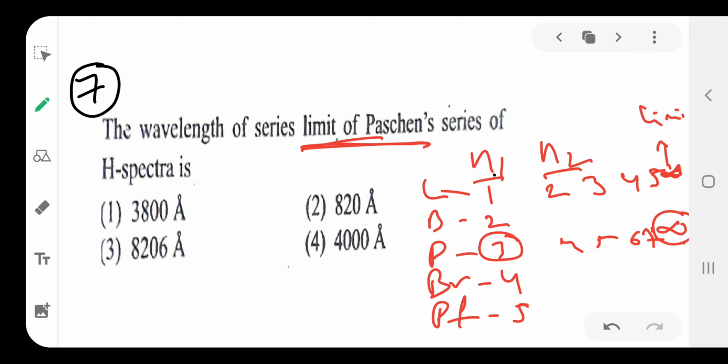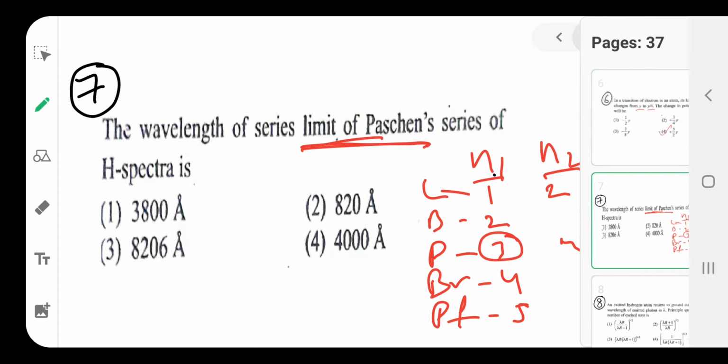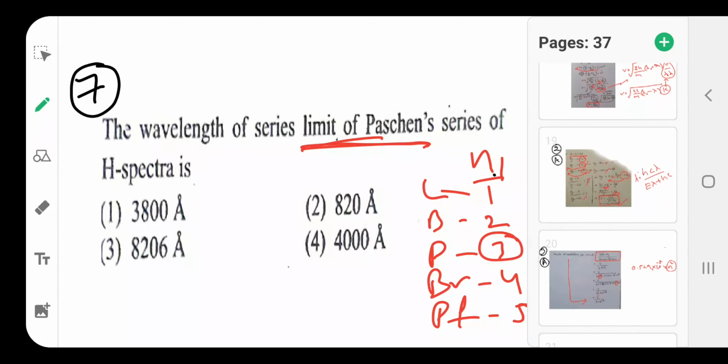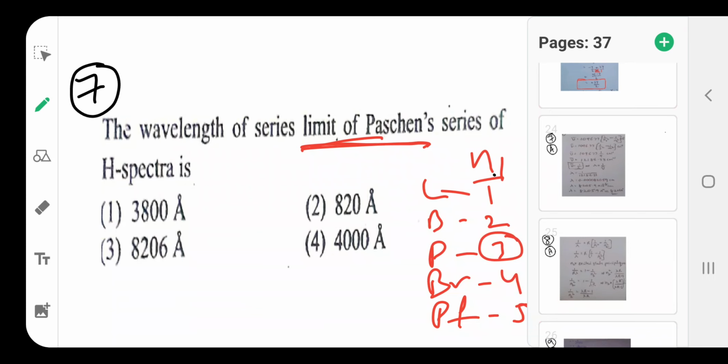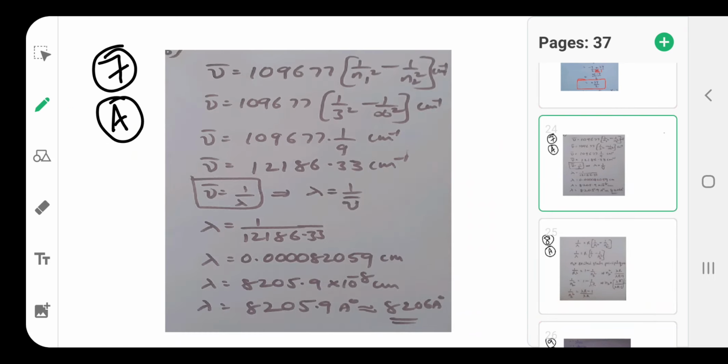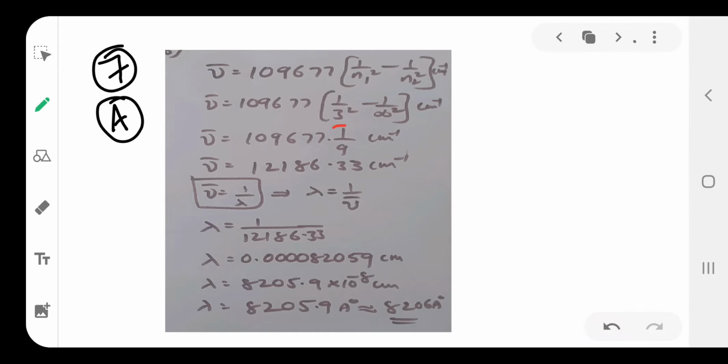You see here, the formula is mu bar equal to 109677 into 1 by n1 square minus 1 by n2 square, per centimeter. N1 is 3 for Paschen series, n2 is infinity: 1 by 3 square minus 1 by infinity square. 1 by infinity square means 0.